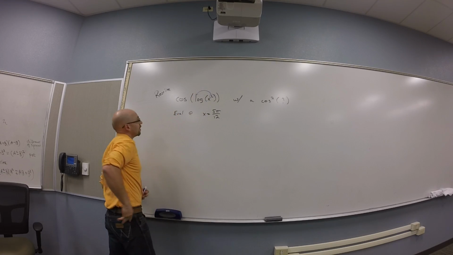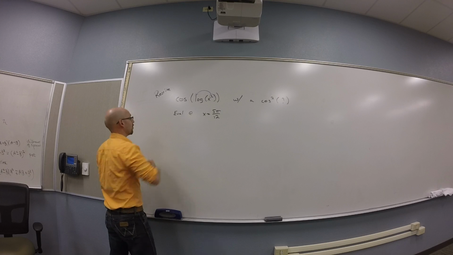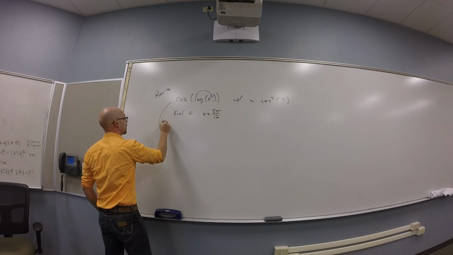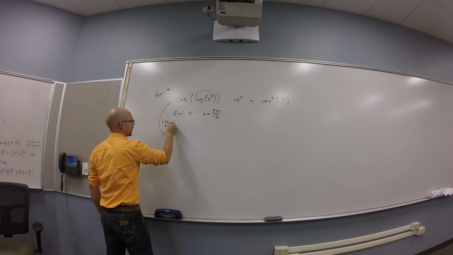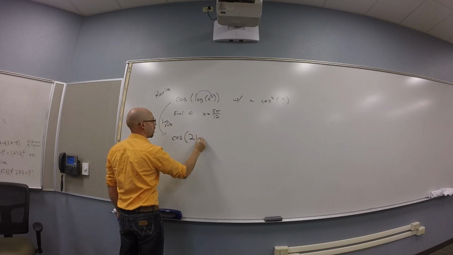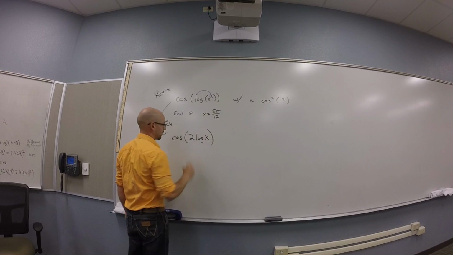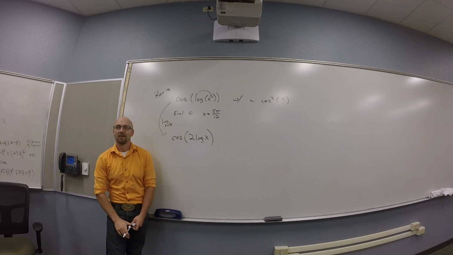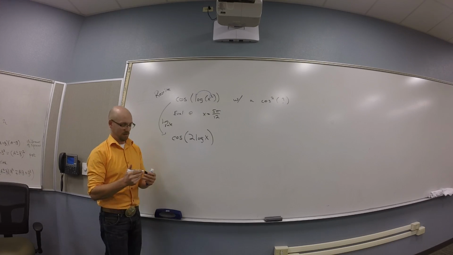Okay, so I can use a log rule, right? The log rule will get me to cosine of 2 log of x, right? And then what? You can treat log as theta, right?